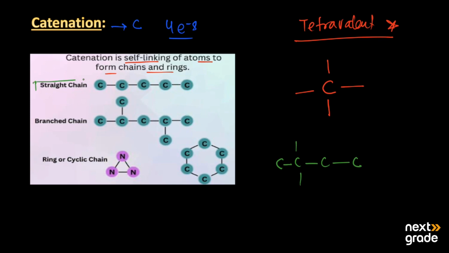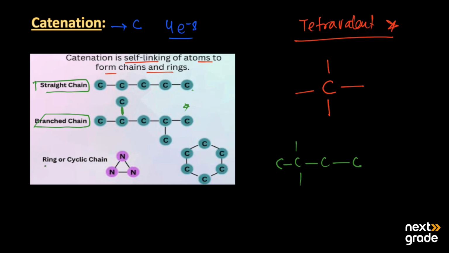The first type is the straight chain, in which the carbon atoms combine in a straight line. The second type is the branched chain, in which one carbon atom can combine with more than two other carbon atoms and takes a branched shape.